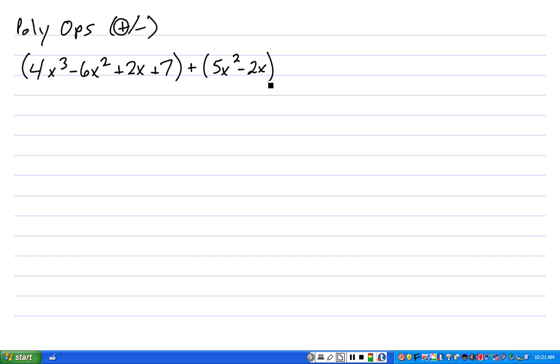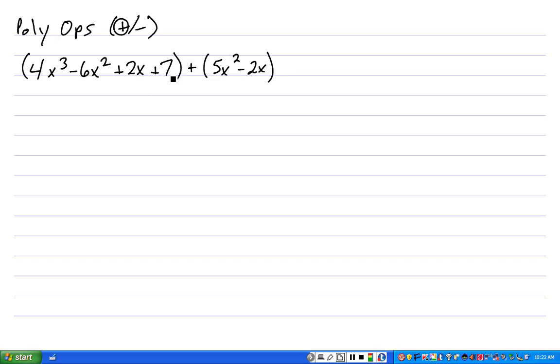Alright, according to order of operations, PEMDAS, we typically want to look at what's inside of parentheses and see if there's anything inside of the parentheses that can be done first. When we look inside of this set of parentheses here, we see that none of the terms are like terms, because they don't have the same variable exponent combination.